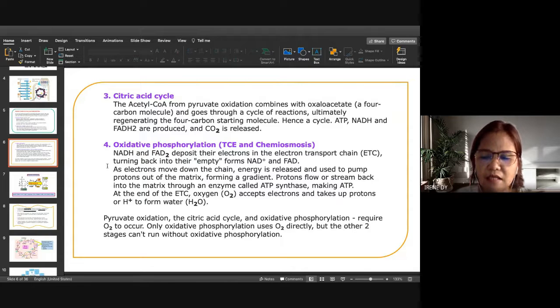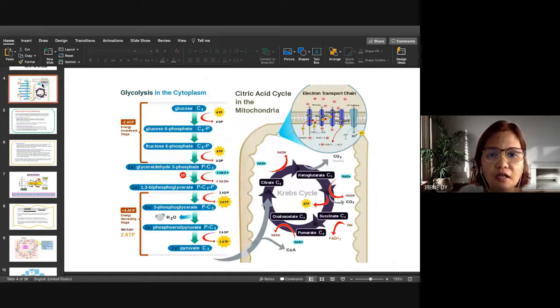Ang maganda sa metabolism ng katawan natin, class, napaka-exact, napaka-amazing, particularly the functions of enzymes, which are very specific. Kung hindi siya magko-combine kay oxaloacetate, hindi siya makakapasok sa cycle reaction. Then, in the cycle, ATP, NADH and FADH2 are produced.